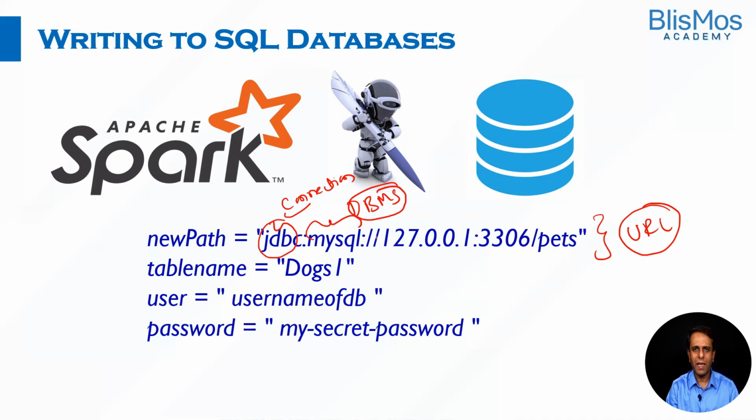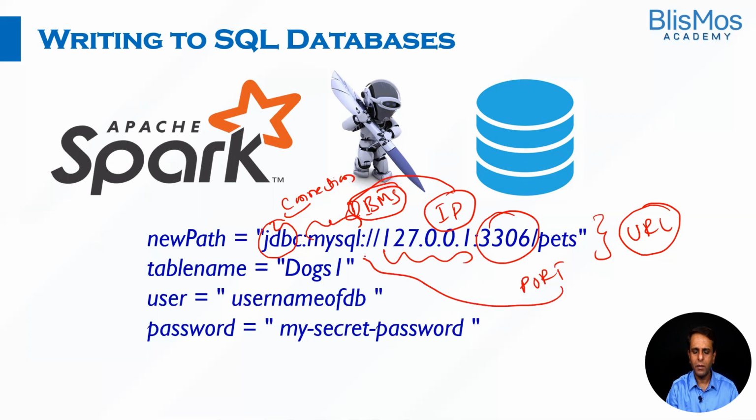In this case, we have MySQL, it may be PostgreSQL, it may be other RDBMS databases, and this is the IP where this is installed, and this is the port number where again this is installed, and we have the pets. This is the database name. We have to specify all these things as a part of the URL.